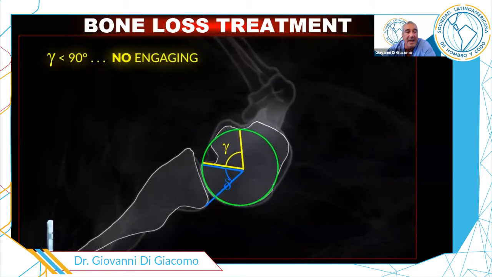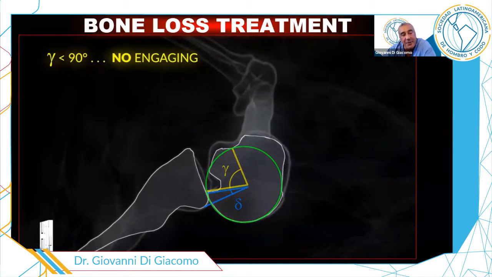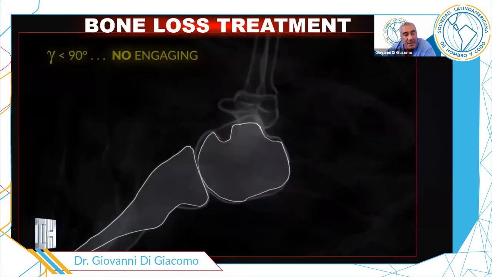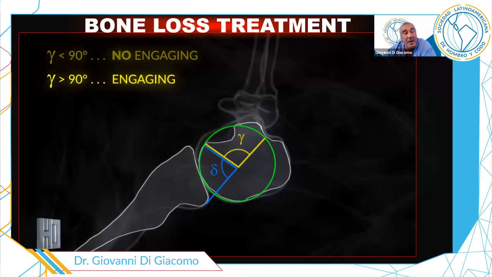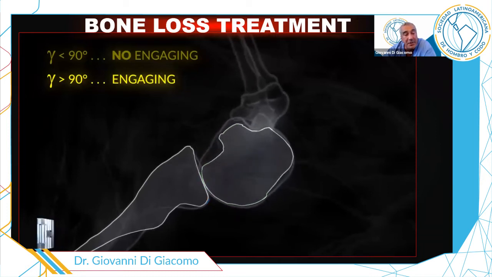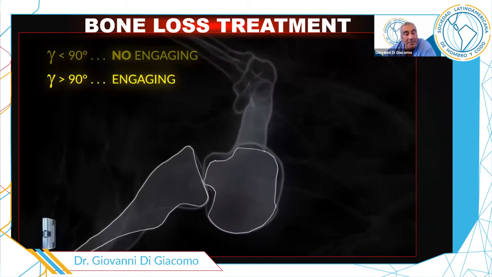If the delta angle is inferior to 90 degrees, there is no problem; it does not engage with the posterior glenoid. If it's more medial, in internal rotation, you have a gamma angle that is superior to 90 degrees, and this can potentially engage with the posterior glenoid.